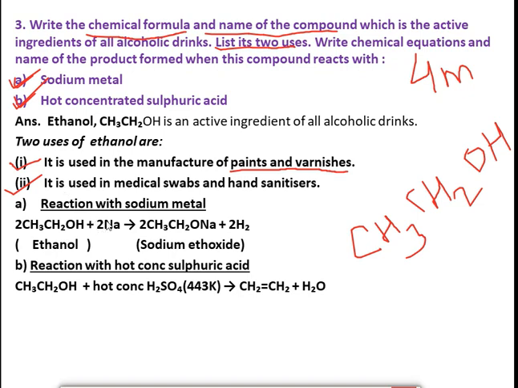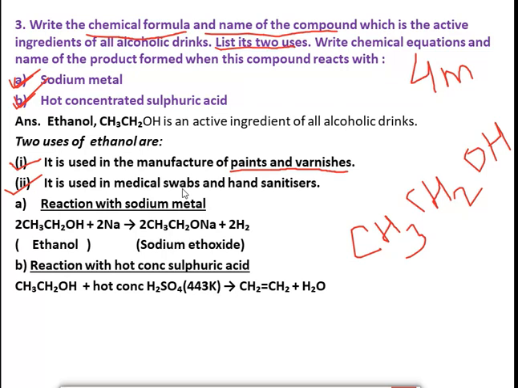In the medical labs, when some tests are done, alcohol is used as an ingredient. It acts to kill the germs or any other infections or microbes which are present there.